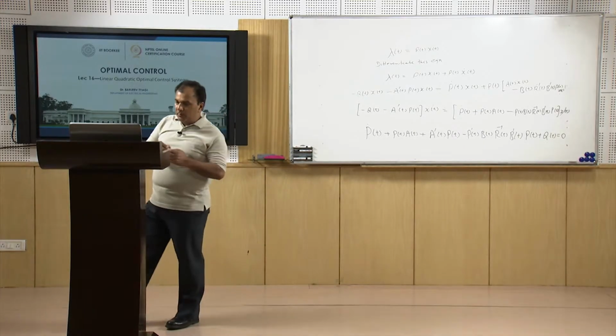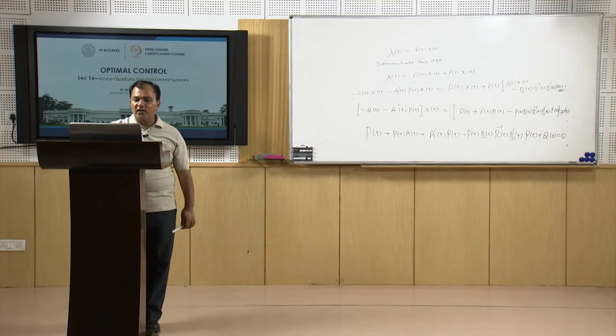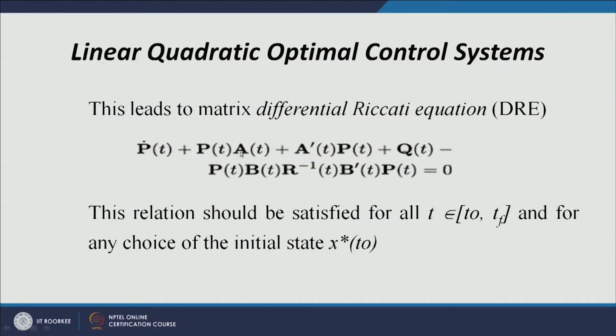So, by this we got this equation: P dot t plus PA plus A transpose P plus Q(t) minus P B R inverse B prime P(t) equal to 0, and this relation should be satisfied for my specified time t0 to tf, and for any choice of my initial condition x(t0).